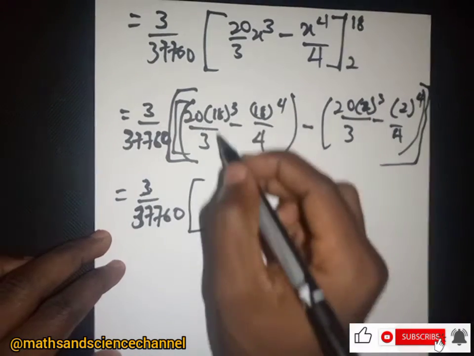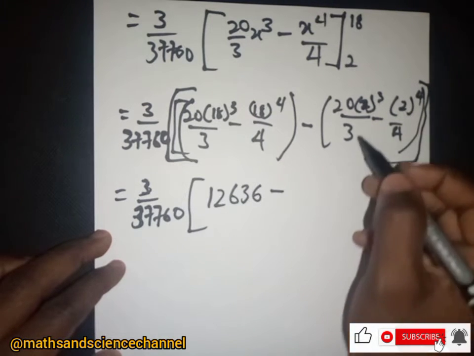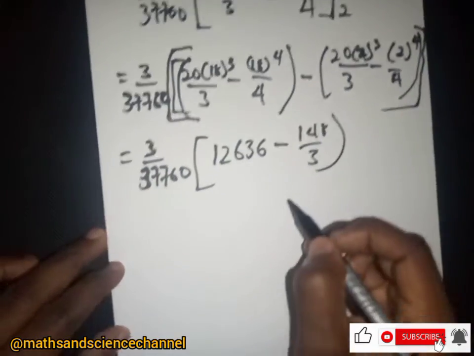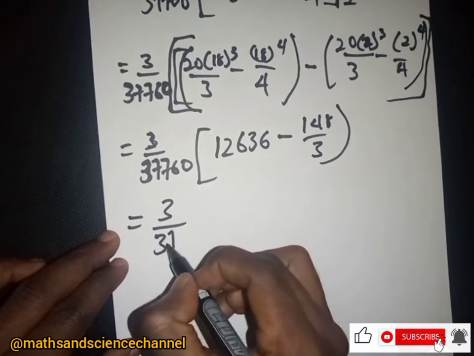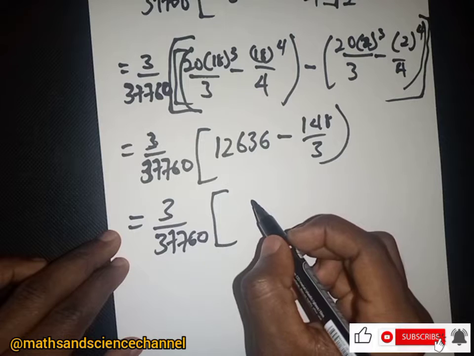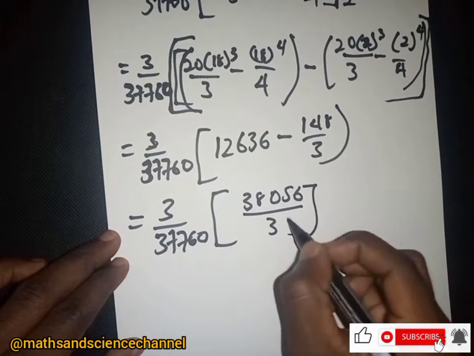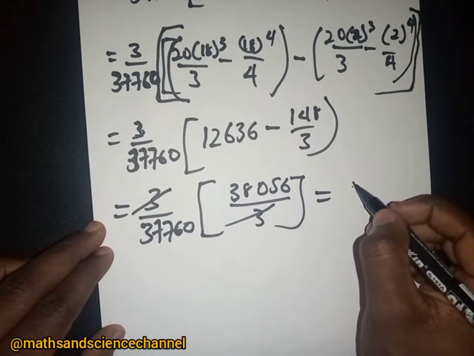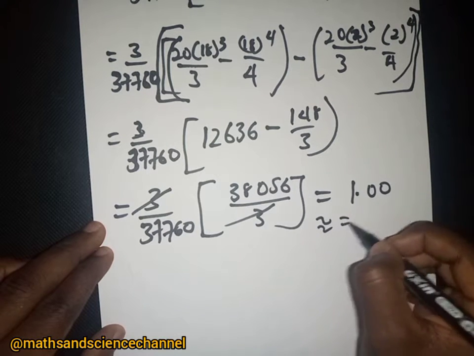Now this side here is just going to give us 12,636, then minus, computing this, we have 480 divided by 3. So when we compute all of this together, this one here is just going to give us 38056 divided by 3, the 3 gets rid of the 3 here, and this divided by that is just approximately equal to 1.